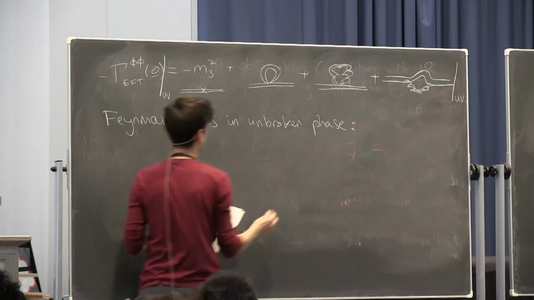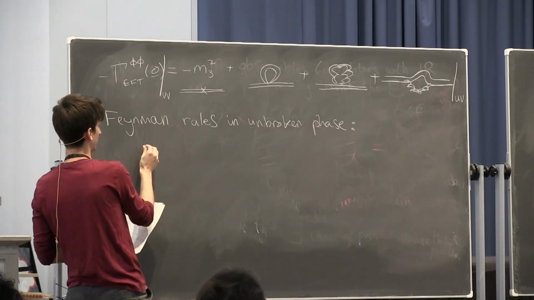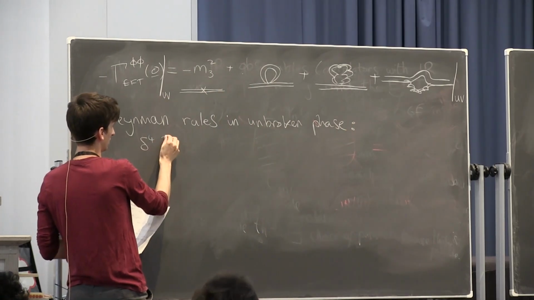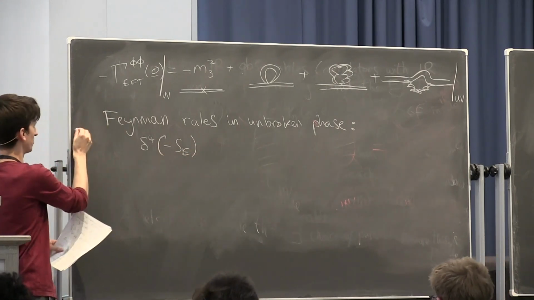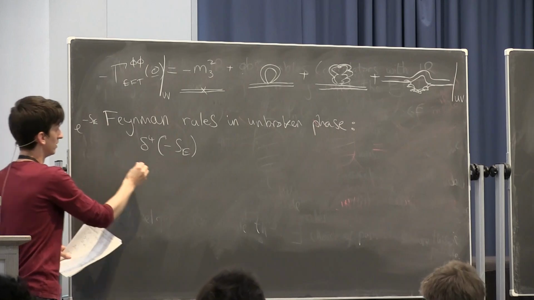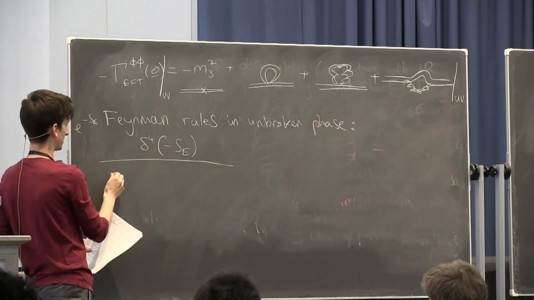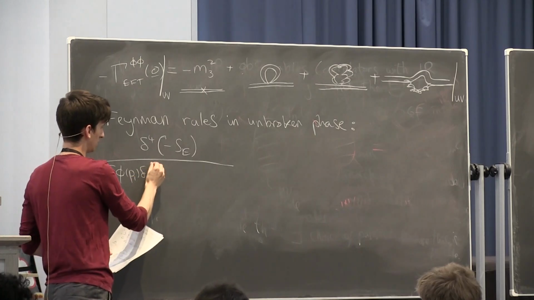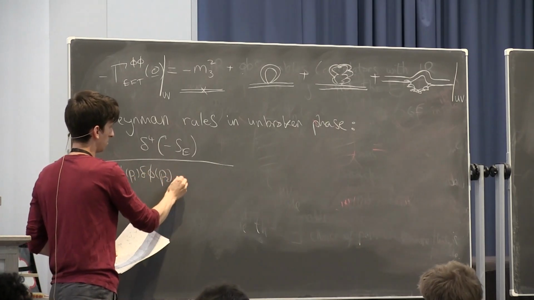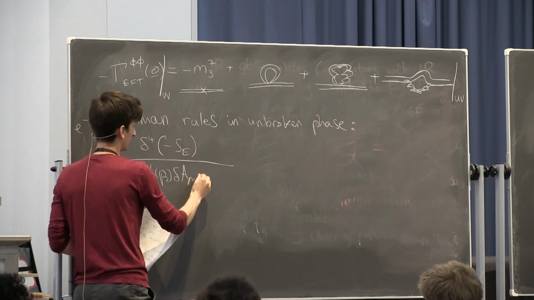I'll do this for the full theory, but it's basically the same for the effective theory. In Euclidean signature, the thing that goes in the exponent is e to the minus S. So the Feynman rules are derived from minus S. Let's do this Feynman rule.